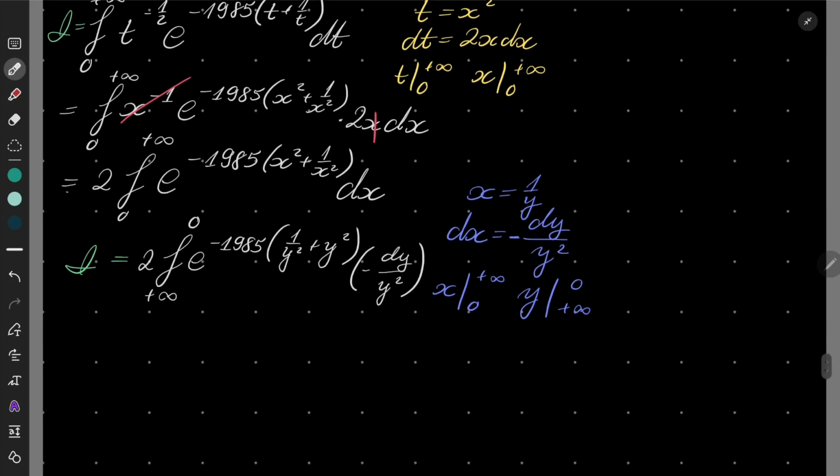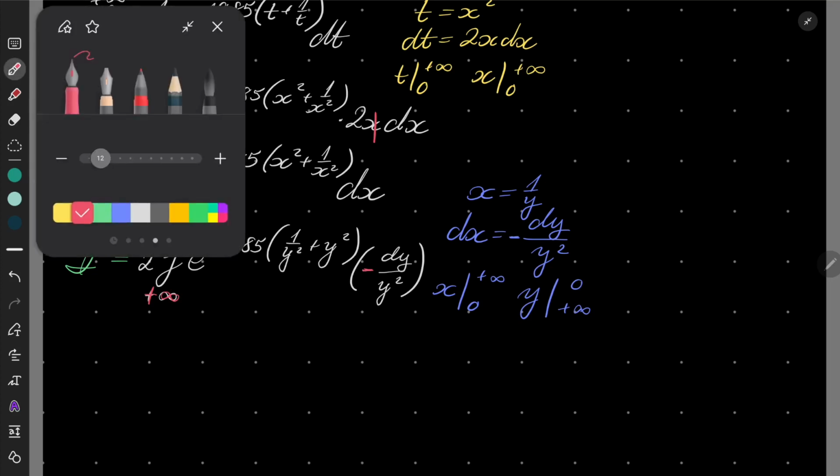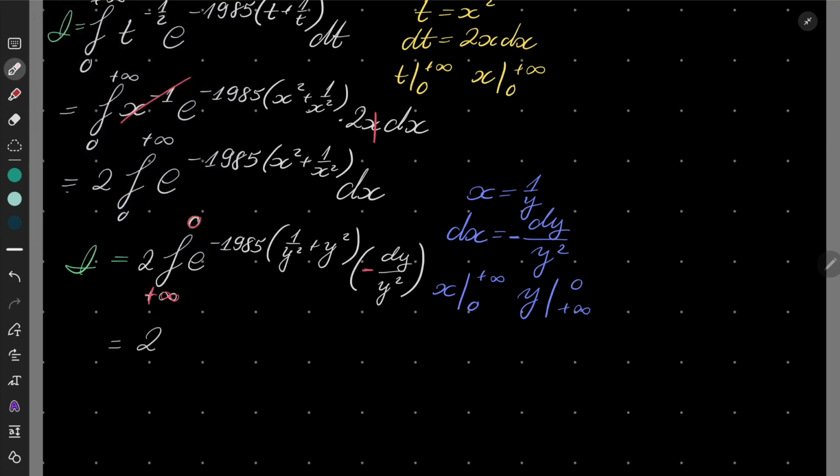Now a classic trick: since we have a minus here, we can change the bounds of integration, and we have twice the integral from 0 to plus infinity. And one more thing, since we are dealing with a definite integral, the name of a variable doesn't really matter. We can change back from y to x, and we'll get 1 over x squared e to the power minus 1985 (x squared plus 1 over x squared) dx. Very nice.